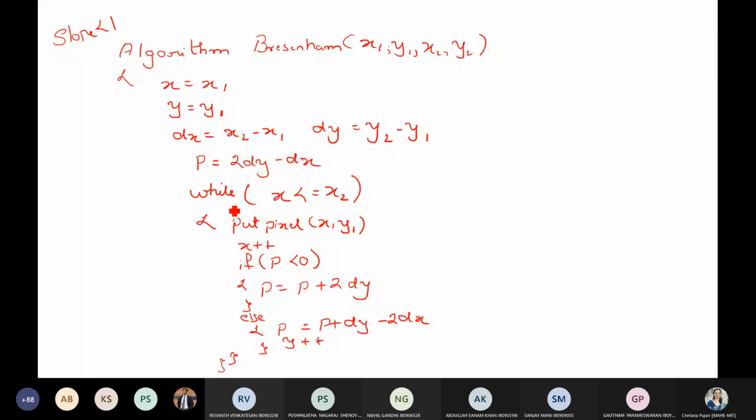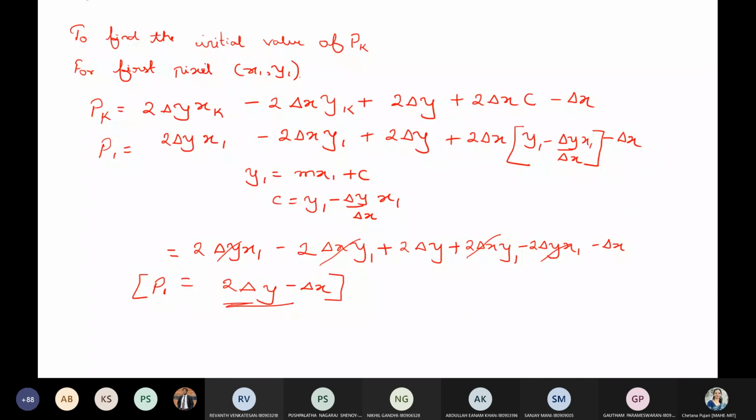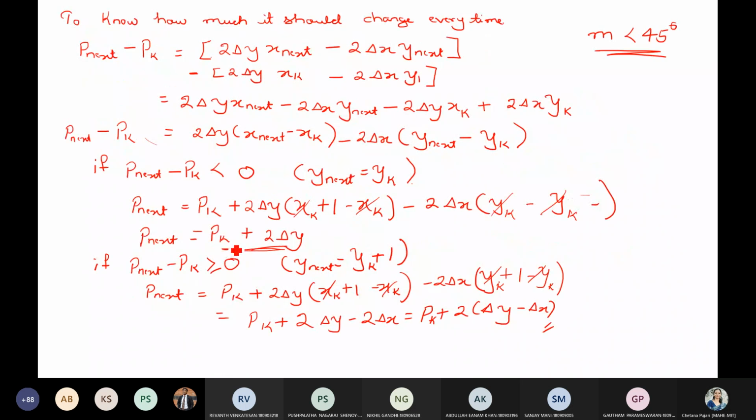So X is less than or equal to X2. You are going to continue this. Put pixel, the first pixel you are plotting on the screen, incrementing the X as we are dealing with slope less than 1. If the decision parameter is less than 0, we are making use of this, that is P next equal to P plus 2 into delta Y. If it is greater than or equal to 0, we'll go with this, that is P plus 2 into delta Y minus delta X.